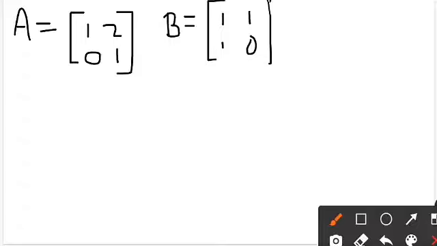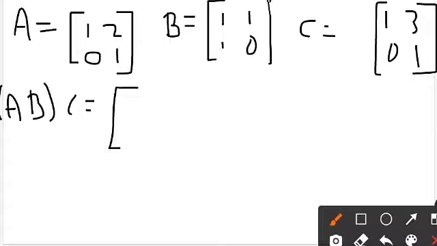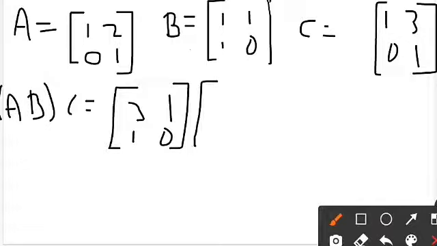Now to check the associative property, let's consider some other matrix C, such as [1, 3; 0, 1]. Now we will check AB into C. The multiplication AB is [3, 1; 1, 0], and the C matrix is [1, 3; 0, 1].